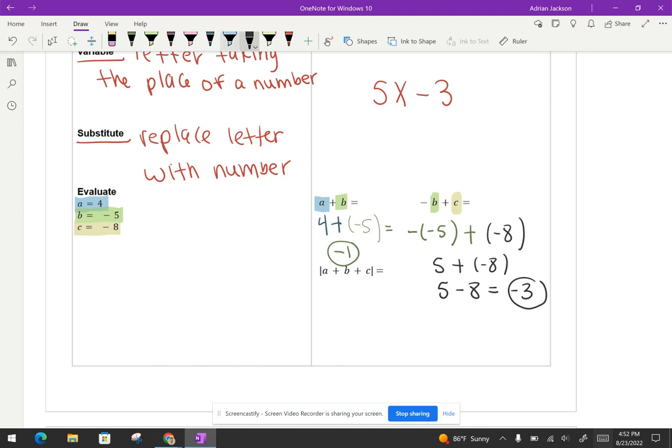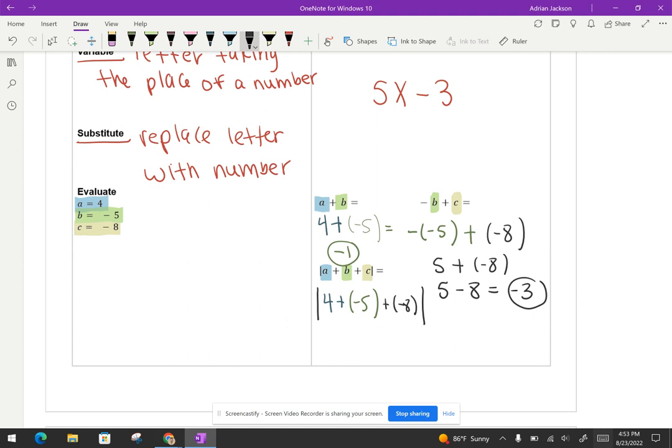This next one involves all of the letters. So I'm going to put 4 right here in place of A, -5 here in place of B, and -8 here in place of C. And if you notice, what's around this is an absolute value symbol. So basically, I'm going to add all of these numbers, and whatever I get, I'm going to make it positive. So the absolute value of 4 plus -5 plus -8.